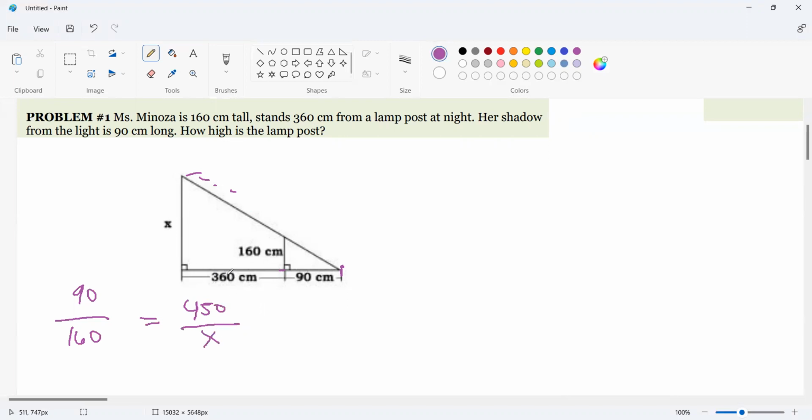Take note, it is not 360. Why not 360? Because 360 there is not the side of a triangle. It's the side of a quadrilateral. The side of the triangle is this bigger one.